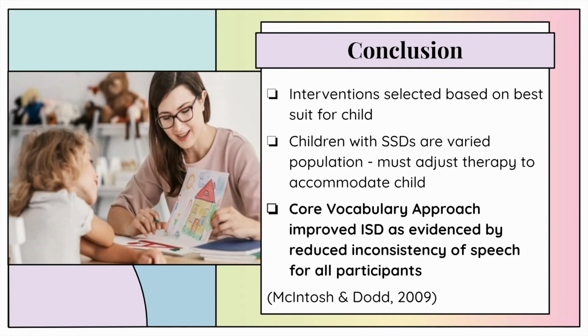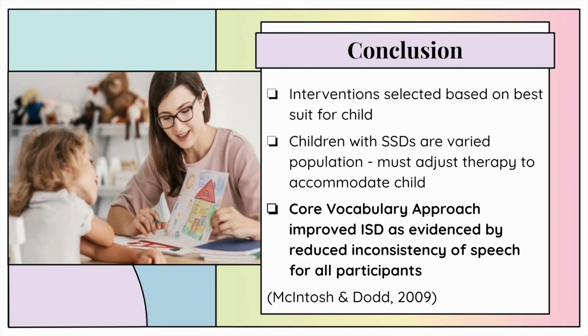So, the conclusions, main takeaways from this article. The authors concluded that in order for interventions to be impactful, they really need to be selected based on the specific needs of the child rather than general assumptions about their speech errors.